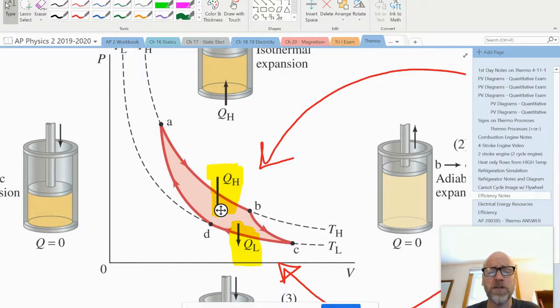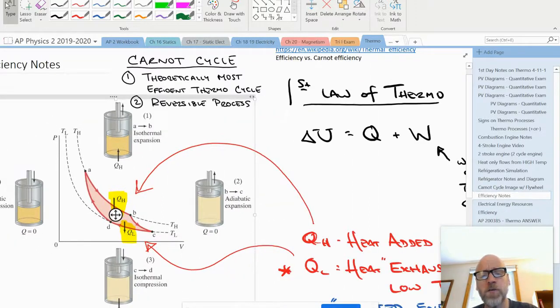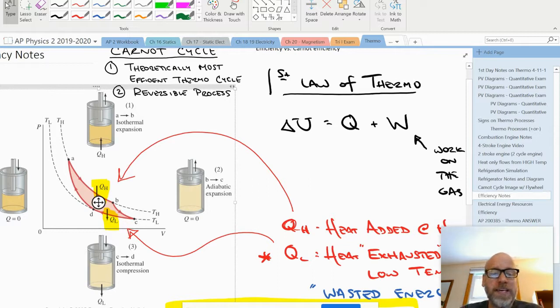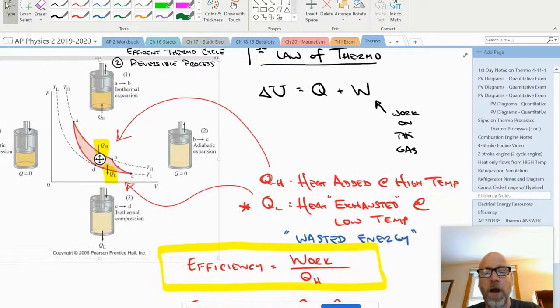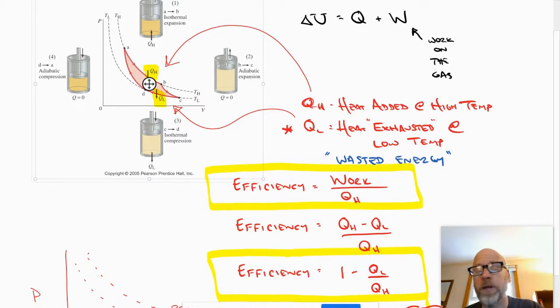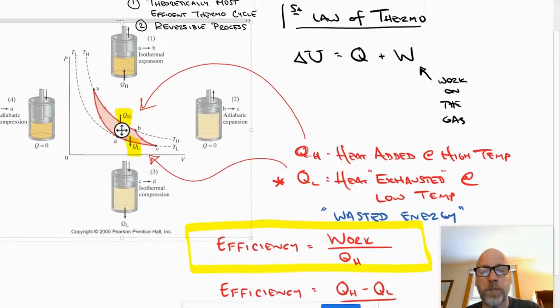So heat must have flowed out during that process. That's where the exhaust occurred. And then D to A is adiabatic, no heat. So the QH would be the heat that was added at the high temperature. That's why it's QH. Okay. QL would be the heat lost or exhausted at the low temperature.